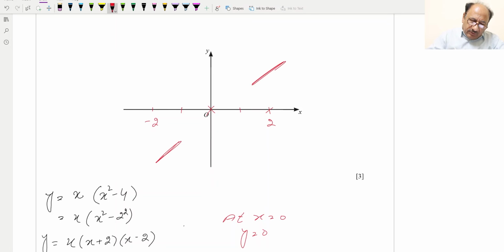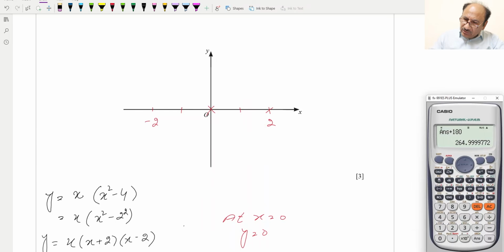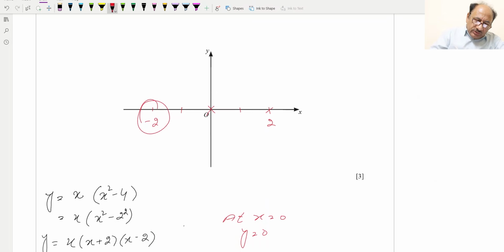But I will tell you another technique which you can use to check which quadrant it is in, that is, just type this given equation, which is x cube. So x cube will be this one. So you will have to understand this, and this is the equation which I have written. Now for x is equal to minus 2 we know y is 0.